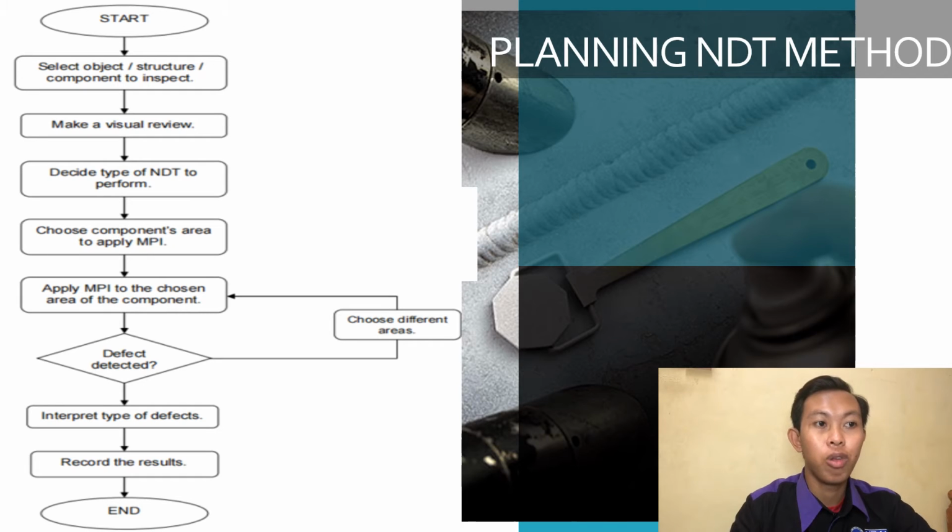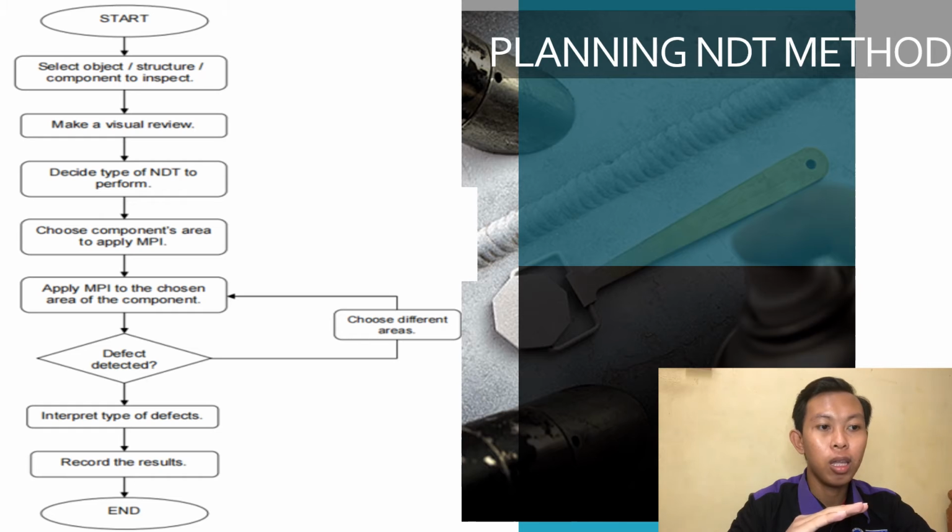Next, we plan the NDT using a flowchart. First, we select the object, which is the steel water pipe, and then we make a visual review. Then we decide the type of NDT to perform, which is MPI, magnetic particle testing, and choose the component area to apply the MPI.